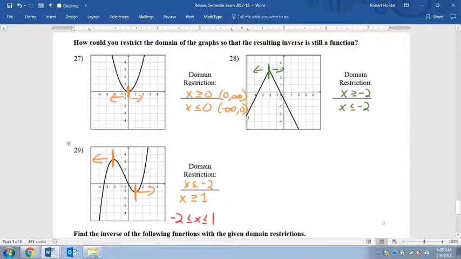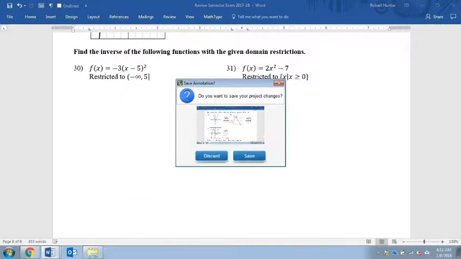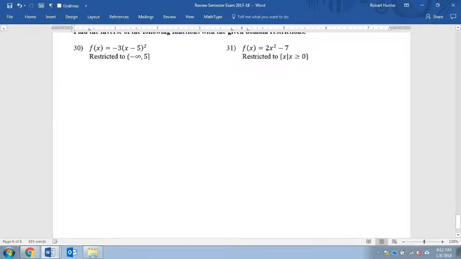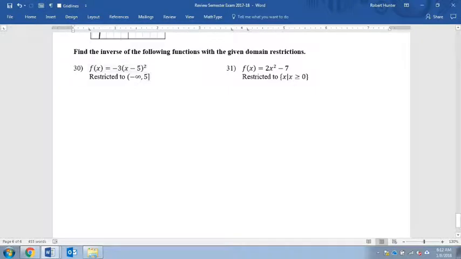All right, last but not least, these down here. Find the inverse of the following functions with the given domain restrictions. If we're just looking at equations, we're going to find the inverse just like we would anything else. However, we're going to restrict the radical, this part right here.